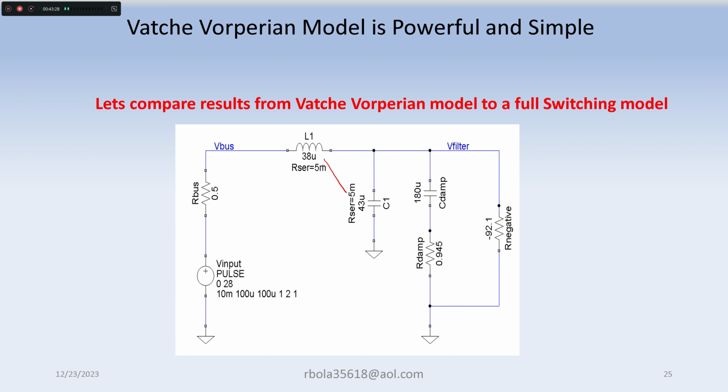You got your main filter here, and you have your damping circuit here, and of course your negative resistance. And we saw that if you run a transient sweep, you can see whether your bus and your filter node will ring or not.